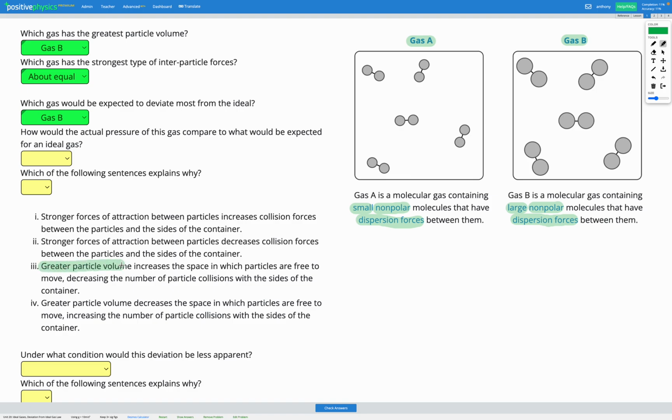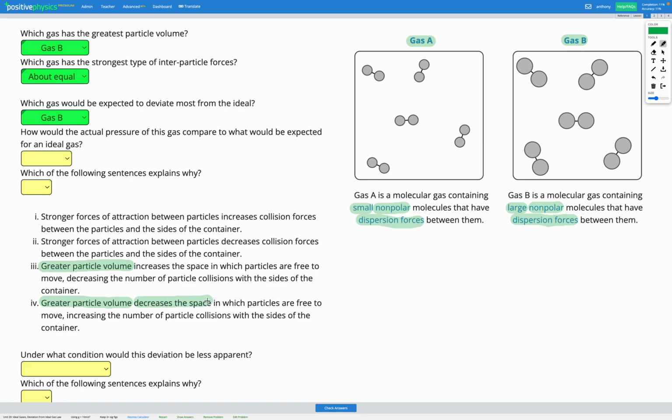Greater particle volume is in questions 3 and 4. So let's think about the effect of greater particle volume. If we look at our image, gas B has greater size of particles, and therefore the amount of white space left in that container is less than it is for gas A, because the particles themselves are taking up a large amount of that space. So that's going to be description 4.